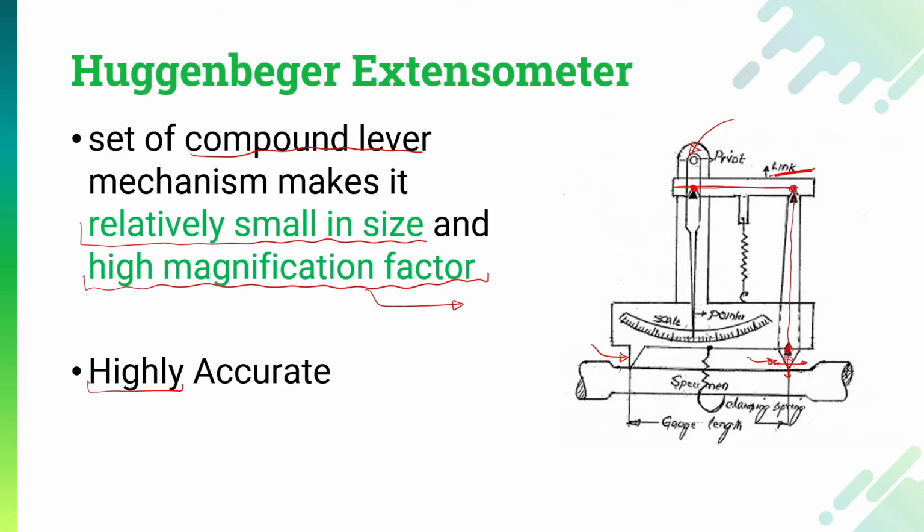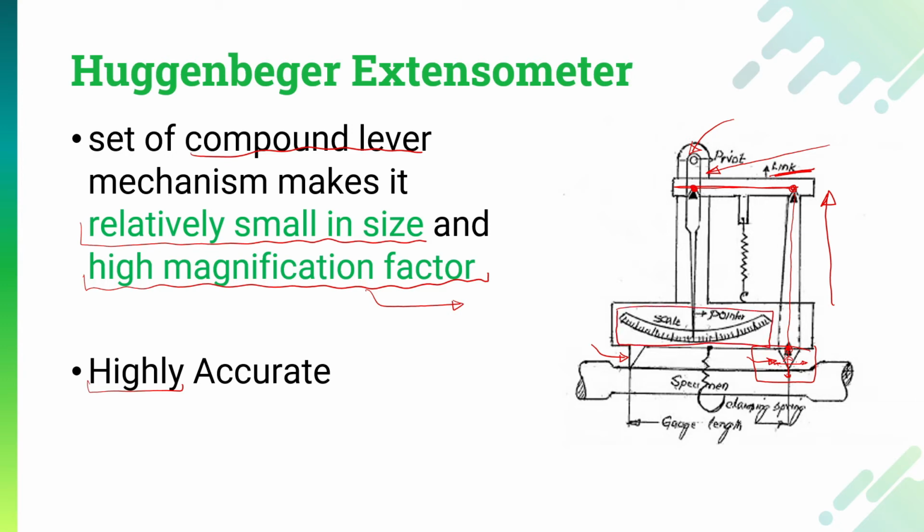Whatever motion occurs in the movable pointer will be transferred to the link, and the link will transfer the same motion to the pointer. Due to the two pivot points and the compound mechanism available, the pointer will be able to show the highly magnified value of change of length on this particular scale.